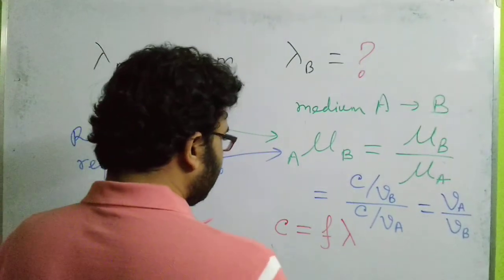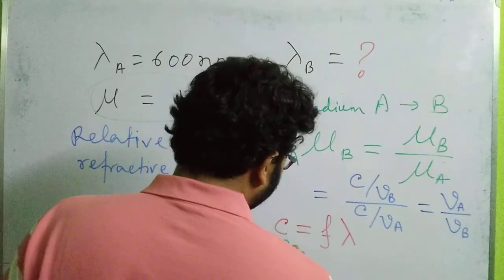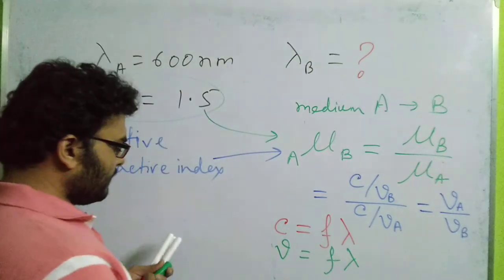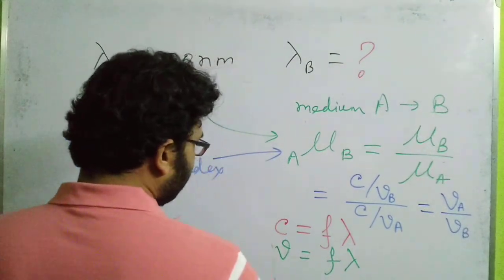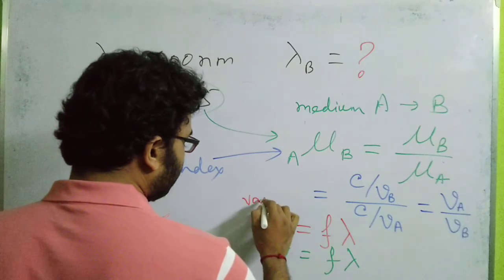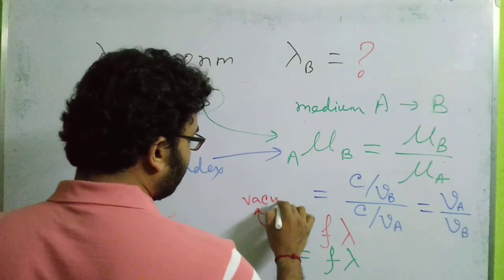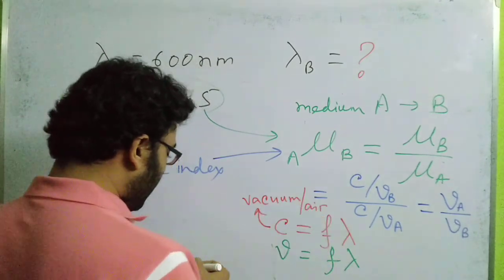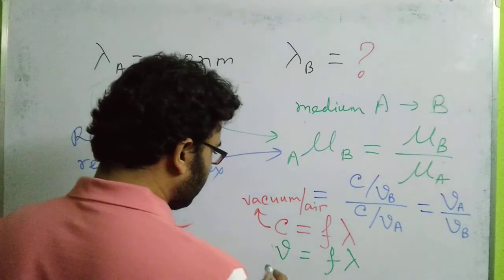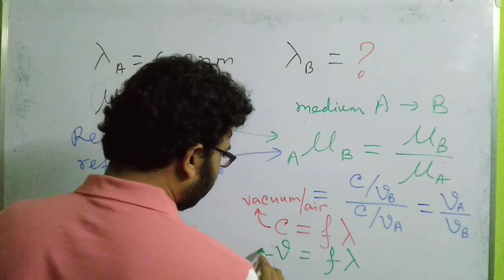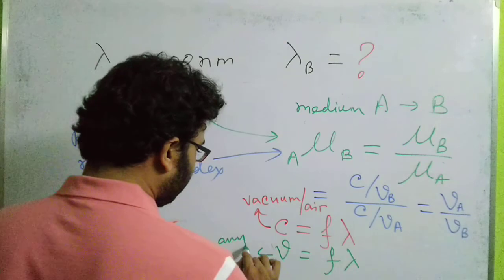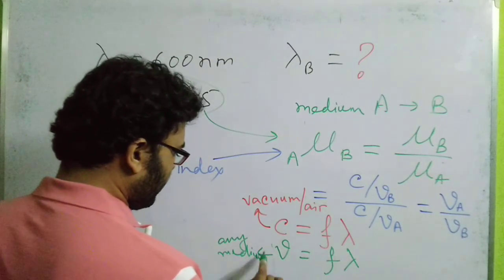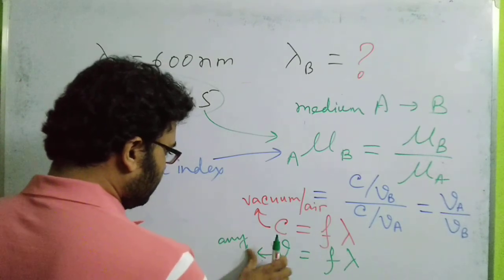If the light travels in any other medium, then it will be V equals F into lambda for that particular medium. So the first formula is for vacuum or air, and the second formula is true for any medium.